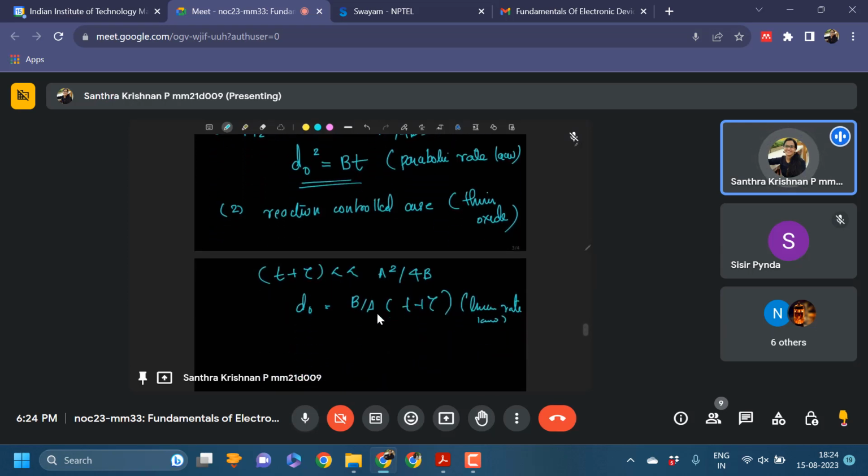And in the reaction control case, the assumption is that T plus tau is very, very less than A square by 4B. Then the equation will be reduced to D0 is equal to B by A into T plus tau, which is a linear rate law. This is the oxidation step when it comes to thick oxides and thin oxides. So is that clear for all of you?